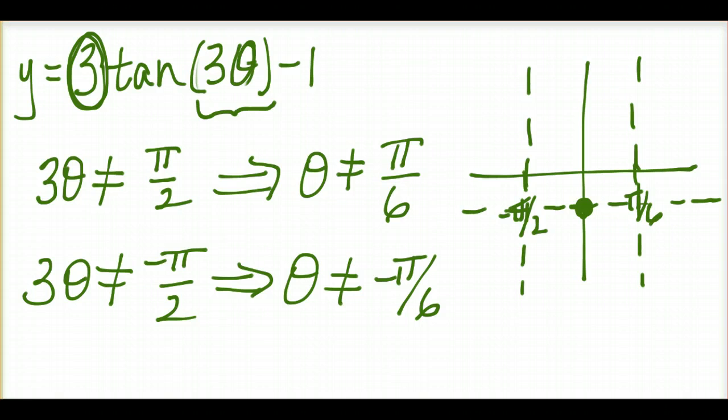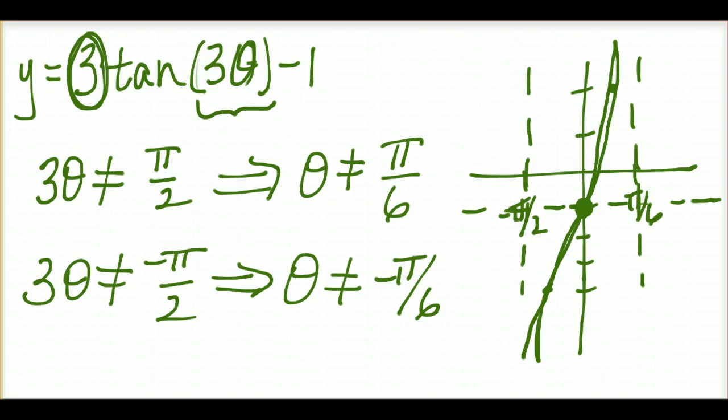So I'm going to go from the center here up 1, 2, 3, and then I'll be in the middle. And then I will go down 3 and be in the middle. And then there's my real stretched tangent wave right there. And that's how we graph tangent.